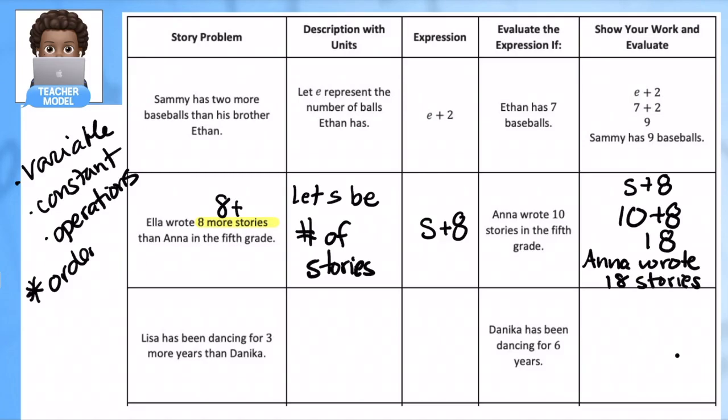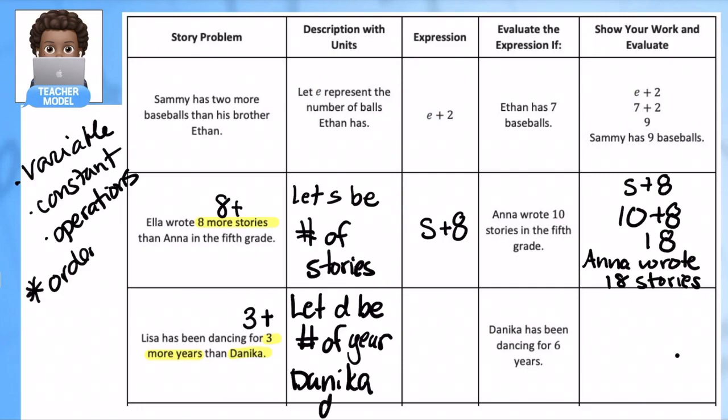We'll do the same thing on the next one. Lisa has been dancing 3 more years than Danica. So 3 more, so I already know it's 3 plus whatever Danica danced. So let D be the number of years Danica danced. That's our expression.